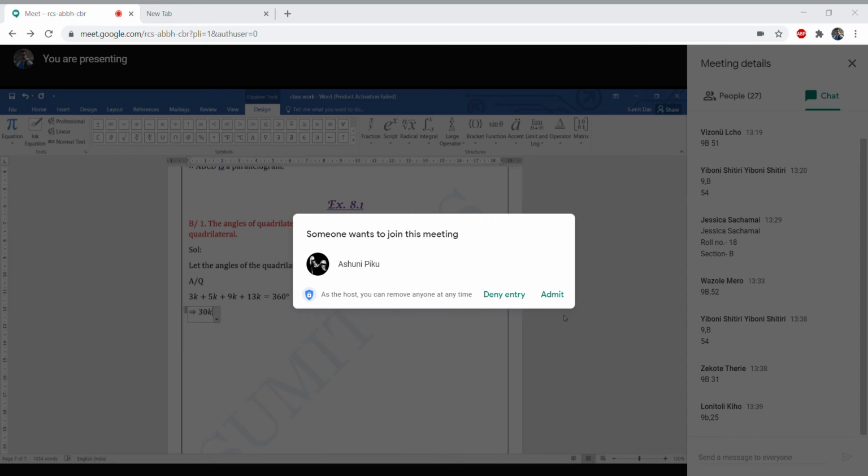So it is 30k equal to 360 degrees. So k equals 360 divided by 30.